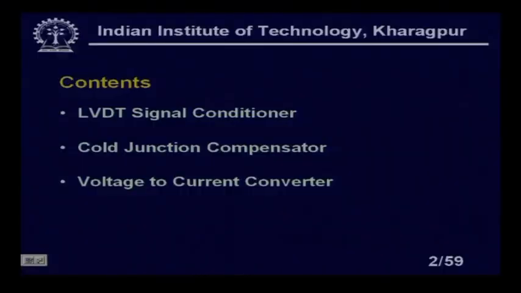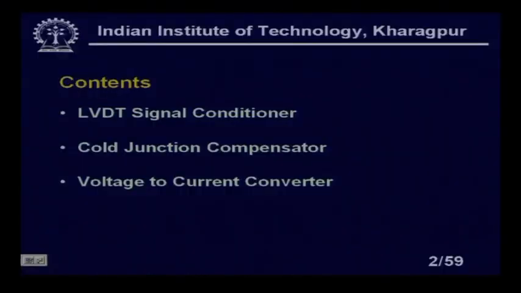We never transmit voltage in industries; in any transmission we need current. So any voltage is to be converted to the current domain. Standard practice is 4 to 20 milliampere. We can do it with discrete components, but obviously we can do better with an IC chip. All this we will discuss in this particular lesson.